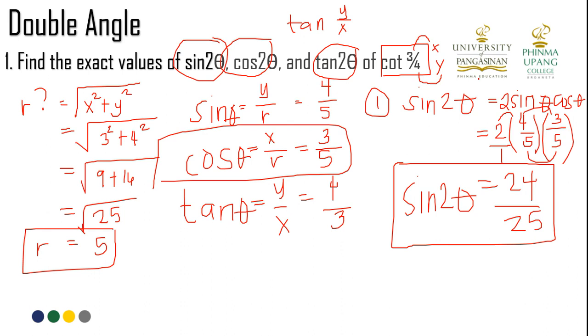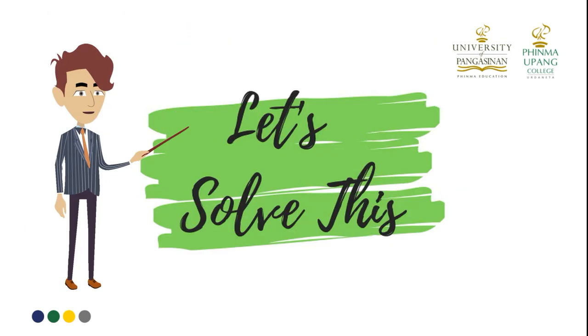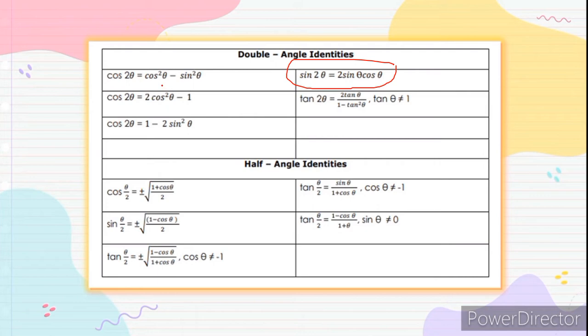So next naman, hanapin natin yung value ng cos 2 theta. Lagay ko dito. So we have cos 2 theta. So balikan natin yung formulas for cos 2 theta. Ang gagamitin natin dito is yung pinakauna. Ito yung number 1, ito yung number 2.